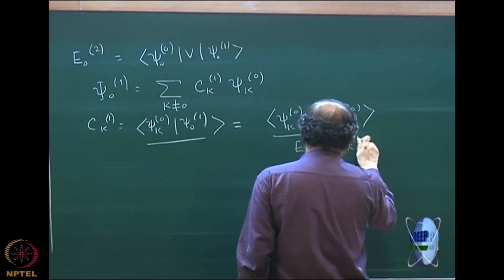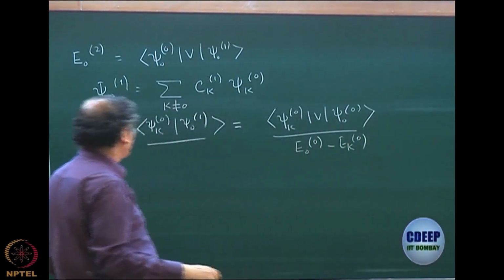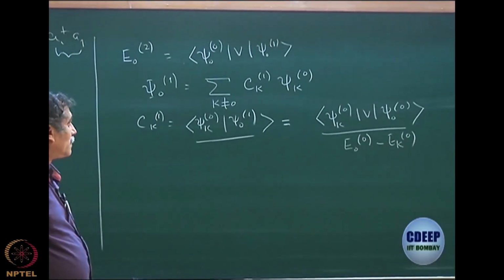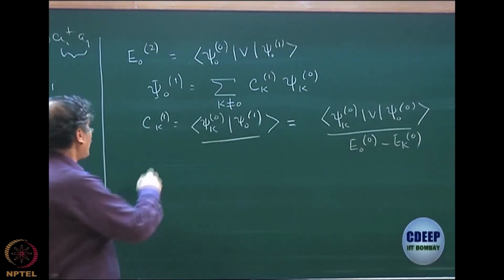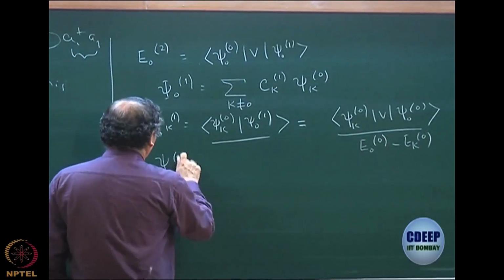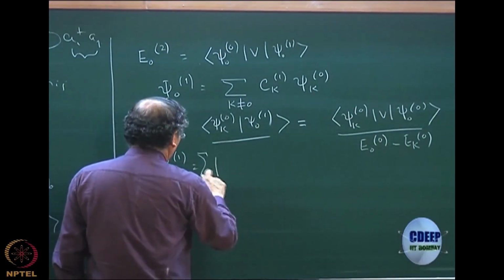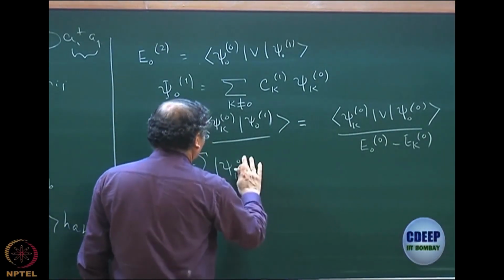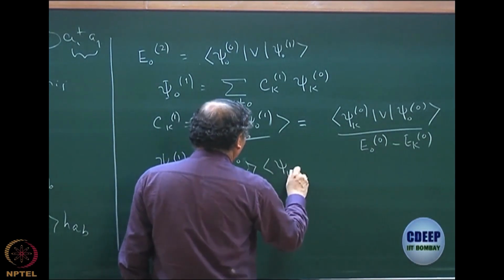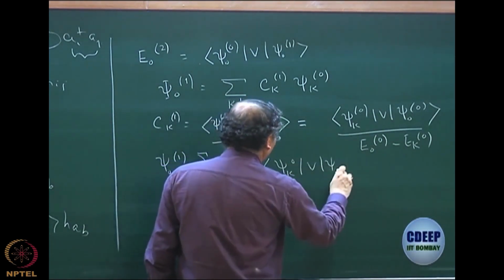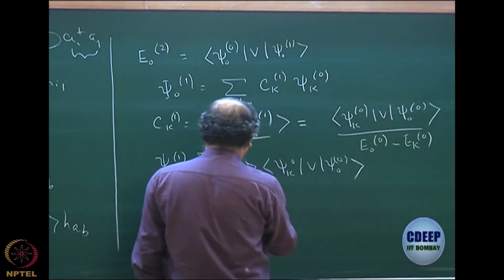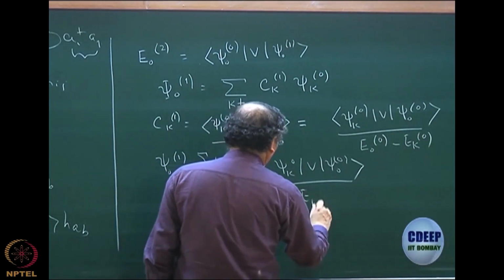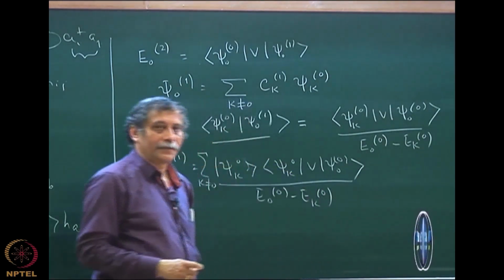That is a general form. So that psi 0 1 could be written as a sum over K not equal to 0 of psi k 0 V psi 0 0 divided by E 0 0 minus Ek 0, correct.